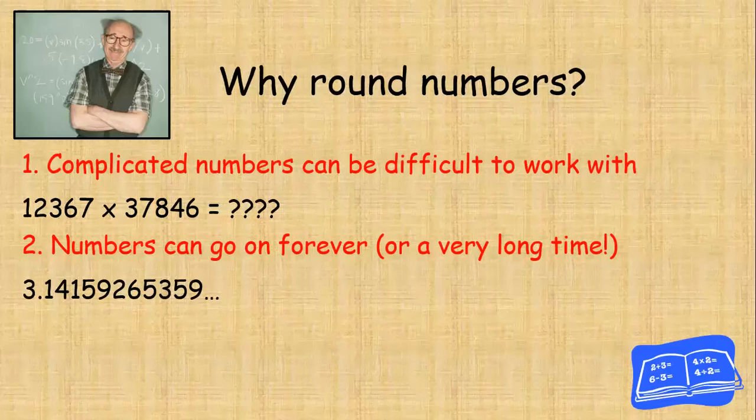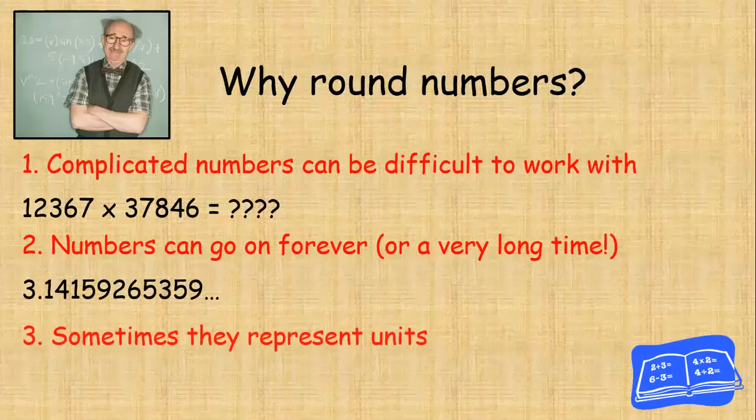The 3.14 is the number rounded to 2 decimal places. As you can see from the number on the screen, it actually goes on for a lot longer, and in fact nobody's ever found how far it goes on for. So using the actual pi number would be very difficult, in fact impossible. So being able to round it makes it easier to use.